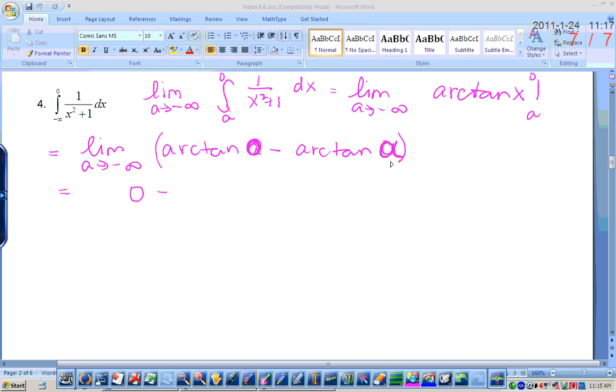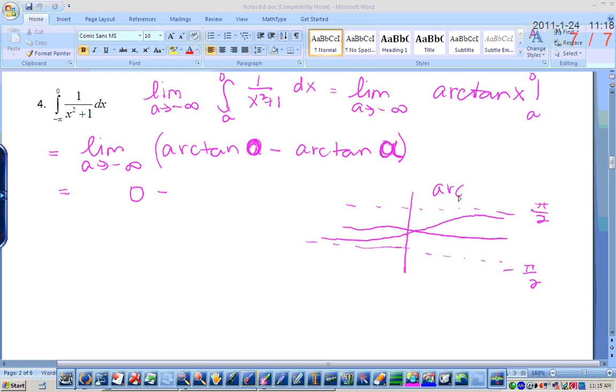Okay, what we're going to have to do is visualize the graph of arctan. This is actually pi over 2 and negative pi over 2. Okay, so the limit as x approaches negative infinity of arctan x is negative pi over 2, so I have minus a negative pi over 2, or pi over 2.